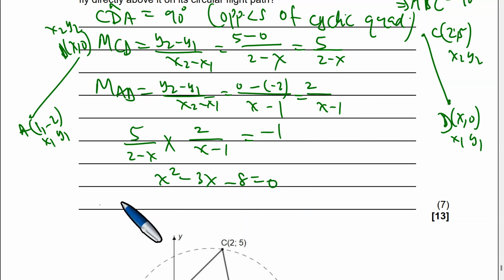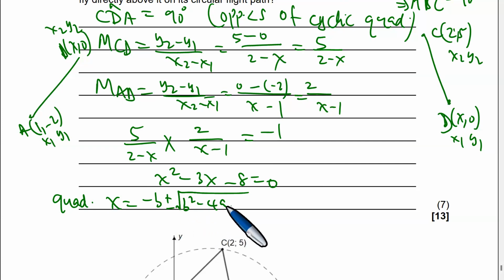All right, you can use the quadratic formula. x is minus b plus or minus the square root of b squared minus 4ac, over 2a.